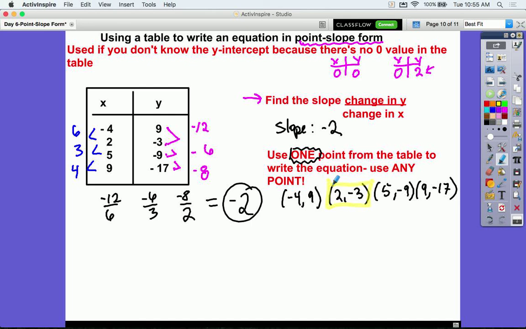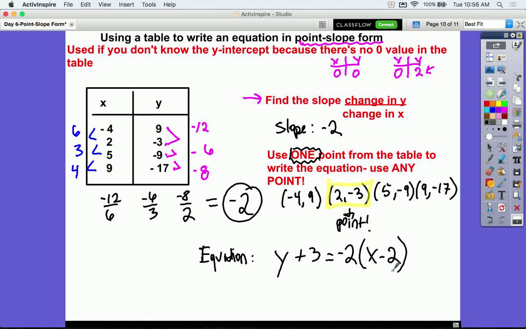So I've got my slope. I now have one point, and you guys can choose any point you want. And I'm ready to write my equation. My equation in point slope form looks like this. Y plus 3 equals negative 2 times the quantity of x minus 2.